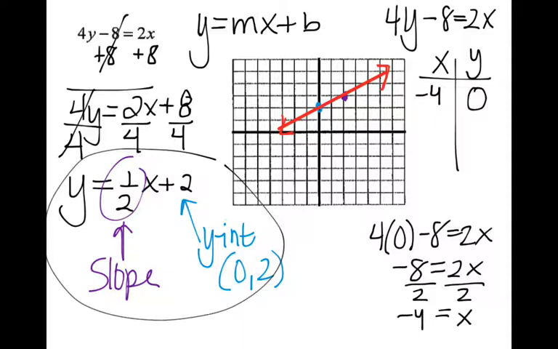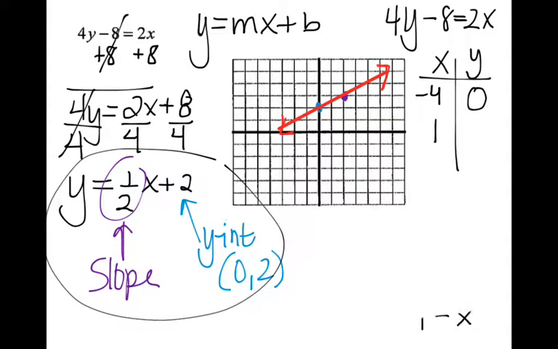So let's take another point. Now, I'm going to choose an x this time. Okay, I'm going to erase my work. Now this, you don't need to copy down if you don't want to. It's up to you whether you copy this backup plan. This is plan B. So I'm going to pick 1 for x, so I get 4y minus 8 equals 2 times 1.